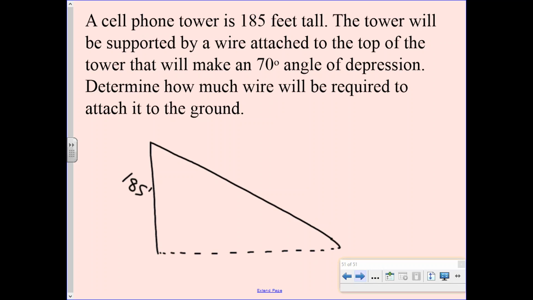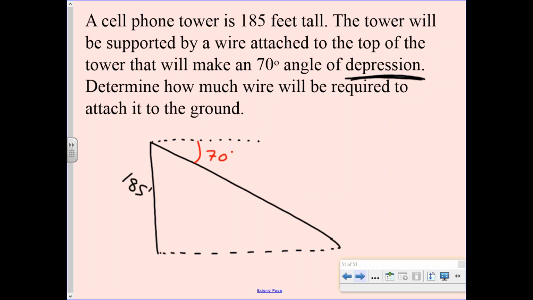We have an angle of depression. So this means that's the angle coming down from the horizontal. So if I kind of draw an imaginary line from the top of the tower up here, what that's saying is the 70 degrees is this right here. So it's not technically a part of our triangle that we have drawn right here, but it's easy enough to find.